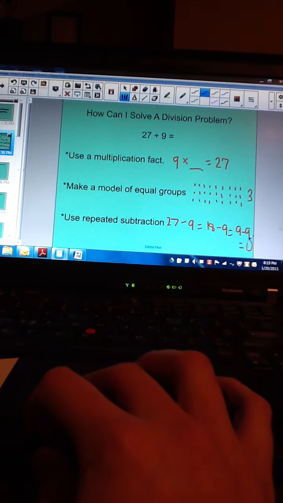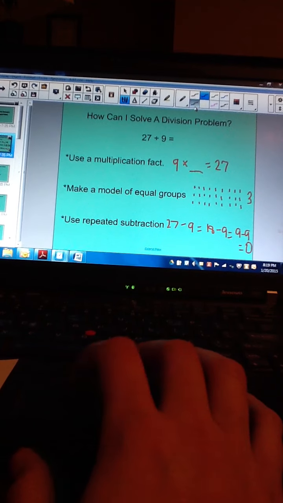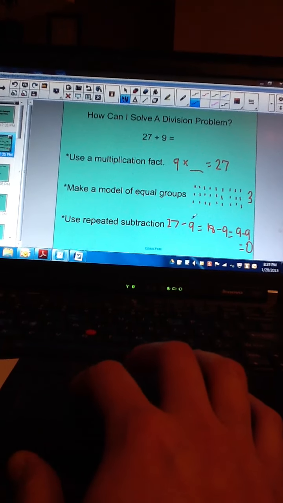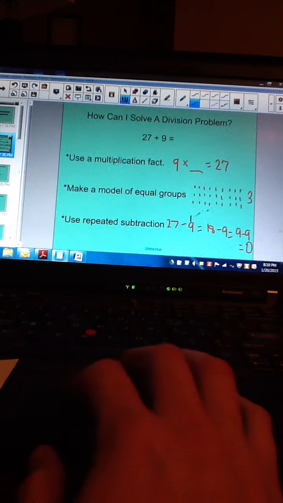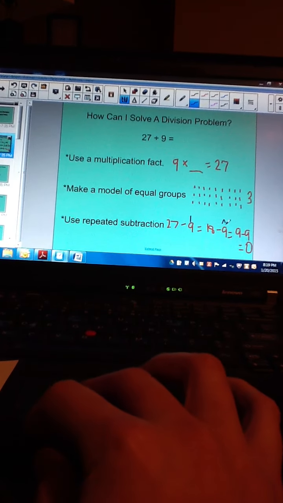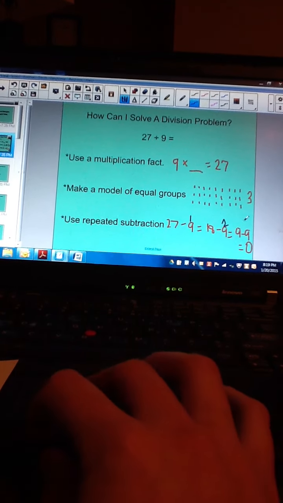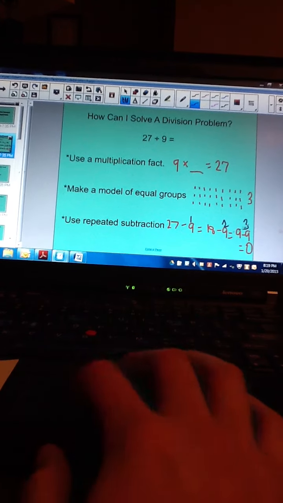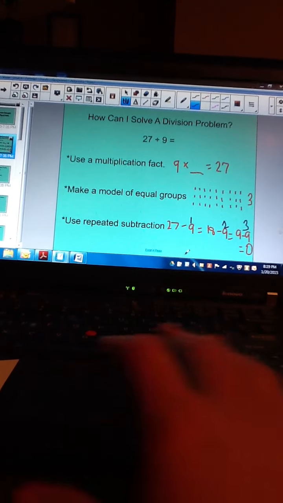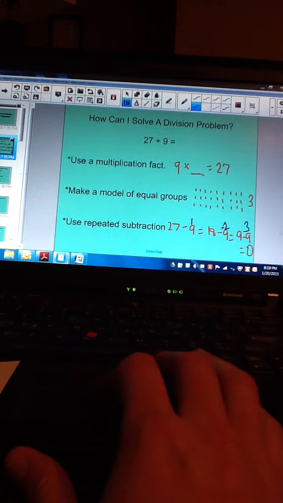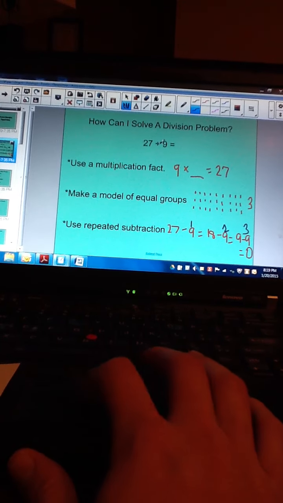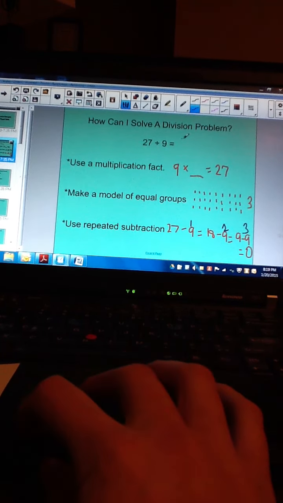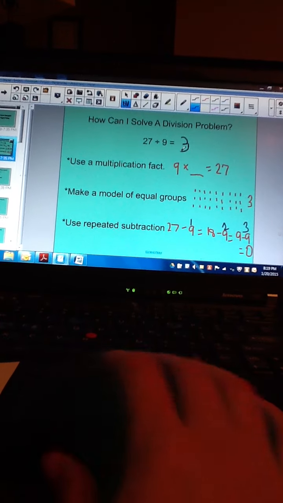Then I could go back and count how many times I subtracted 9. 1, 2, 3. I subtracted 9 3 times. So 27 divided by 9 equals 3.